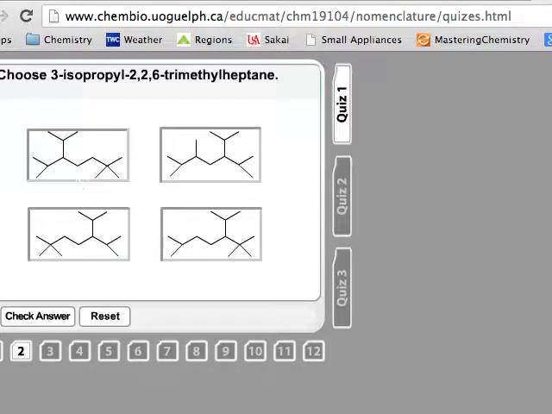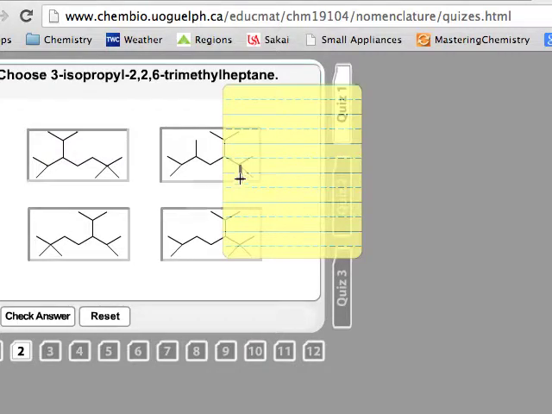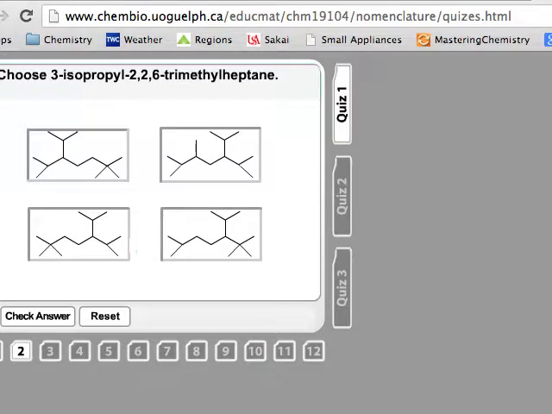However, let's see if we can. So it says 3, 1, 2, 3. On carbon 2, there should be 2 methyl groups. So you see where it says 2, 2? So that rules out this one. This one's gone. This one also has, well, 1, 2, 3, sorry. On the second carbon here, I don't have this group, so this is ruled out as well.